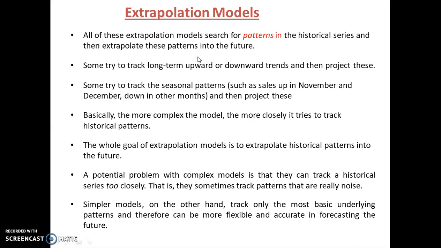All these extrapolation models search for patterns in the historical series and then extrapolate these patterns into the future. Some try to track long-term upward or downward trends and then project these. Sometimes it will be linear, sometimes long-term uptrends and downtrends.